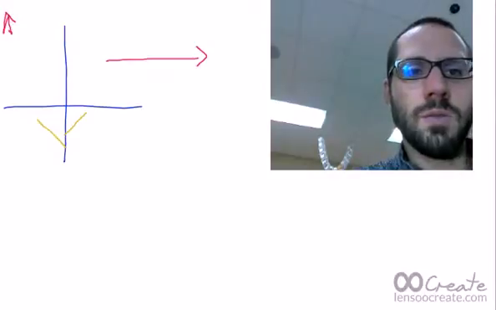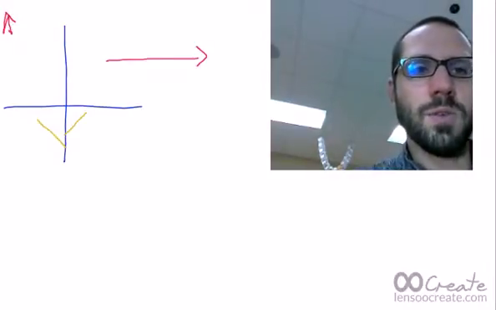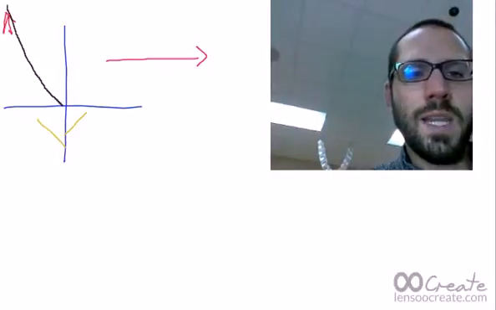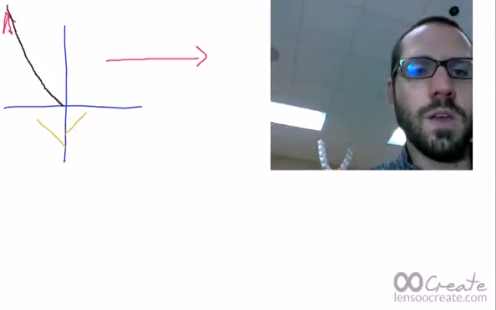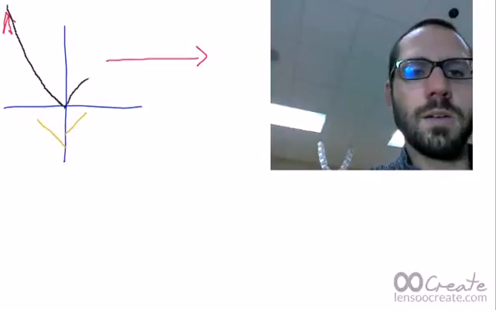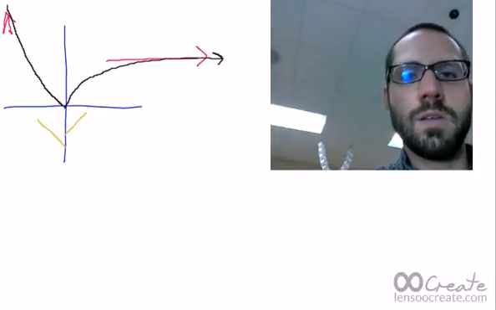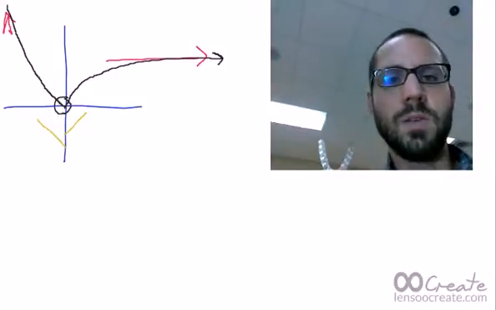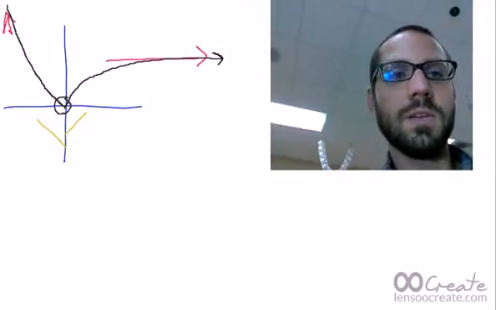Then I'm going to choose a dark color for the actual function. We need to have a sharp point there because the derivative from both sides do not agree. So therefore, the derivative at the point does not exist.